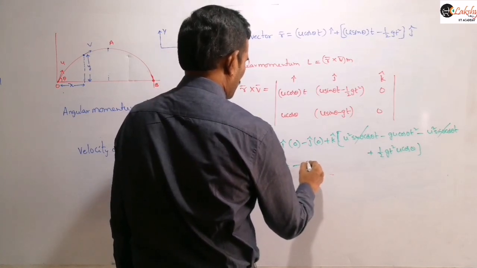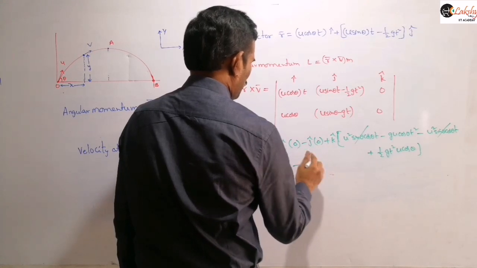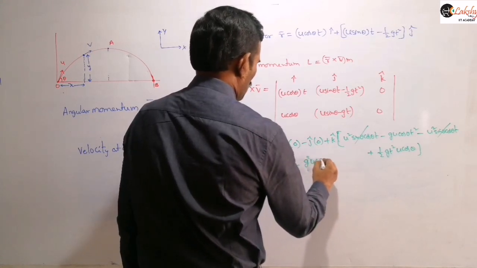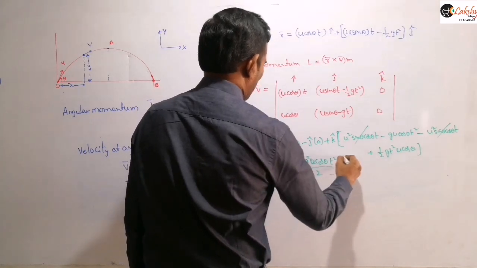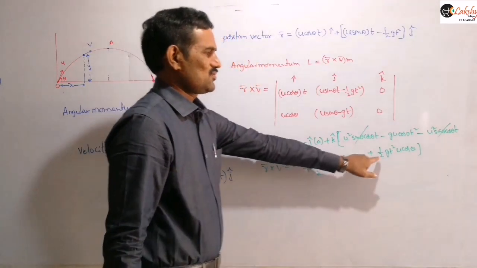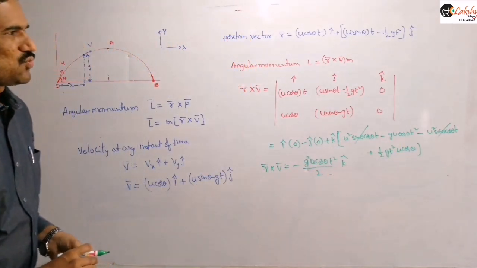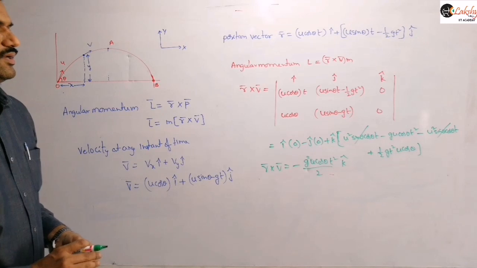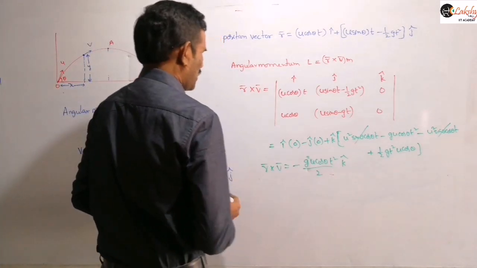minus g into u cos theta into t square by 2 k cap. So we just need to simplify these two terms here, then minus 1 by 2 you will get. That means g u cos theta into t square, right. So that is now our R bar cross V bar.